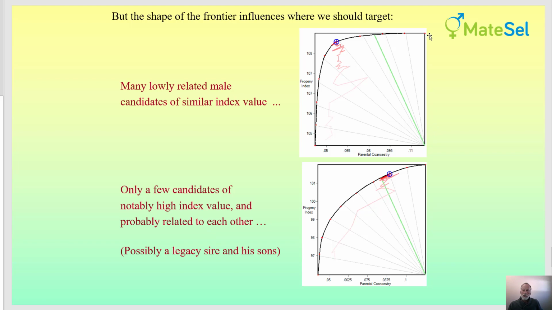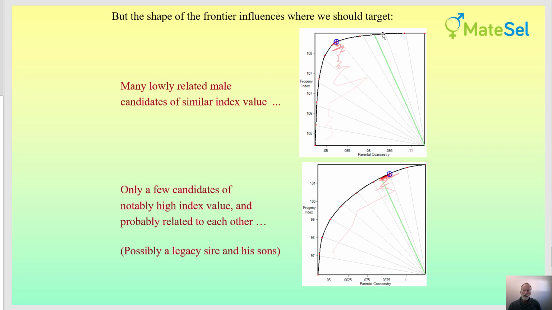And what I want you to consider is that the population we've got has many lowly related male candidates of similar index value. So we start off here, and it could well be that we're just using one male over the whole population, the very best male. If we then add another male, we've said that there are many lowly related male candidates of similar index values.